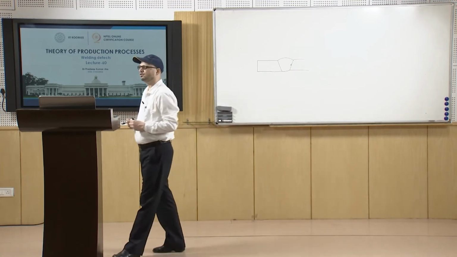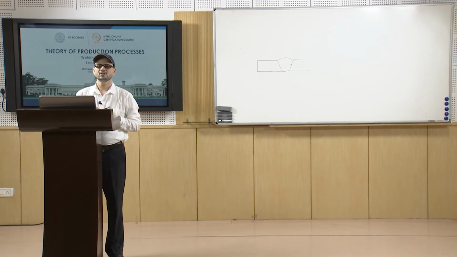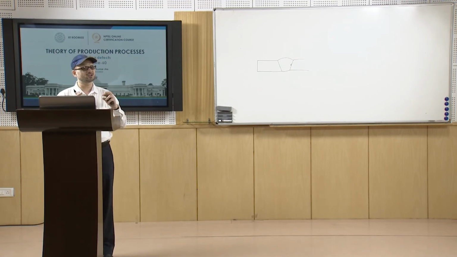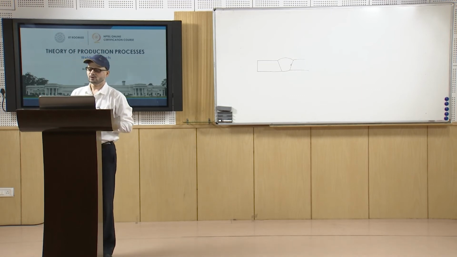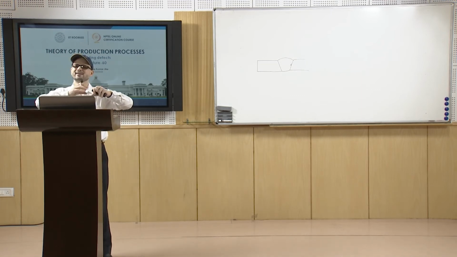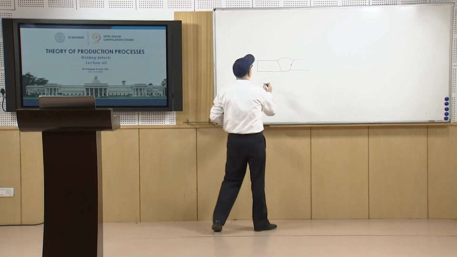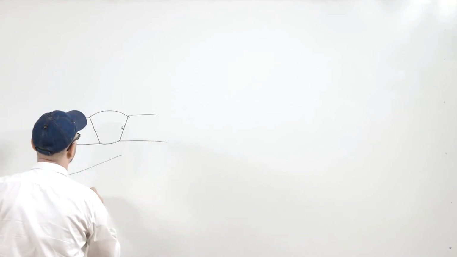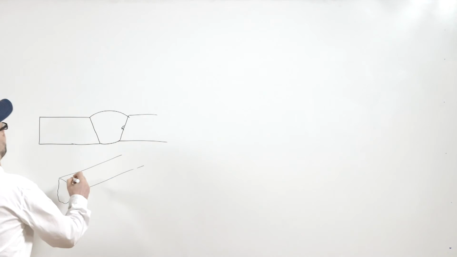If you talk about a particular type of defect like cracks, the cracks are basically the most dangerous type of defects in welding, and there are different types of cracks defined. If you have the weld pool and it is going like this, cracks may develop.